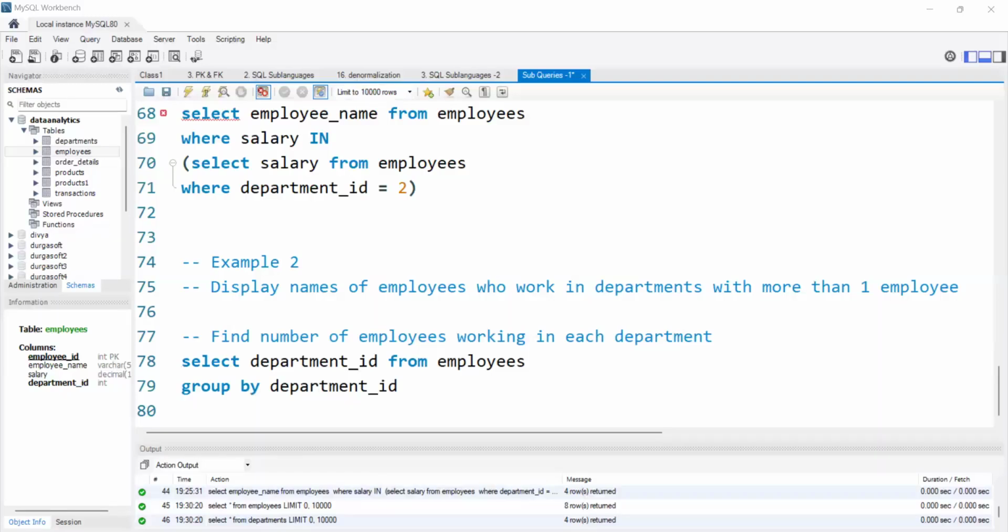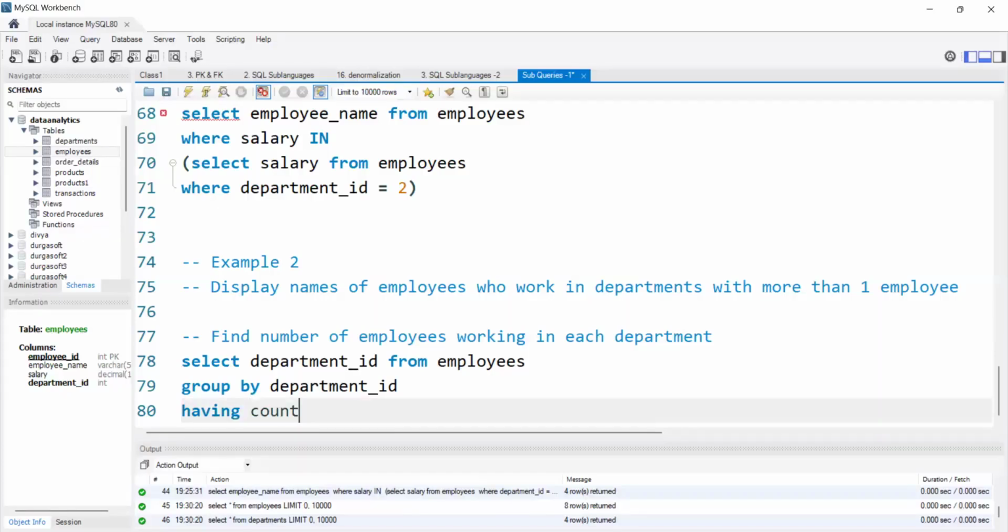But again, as we are using group by, we need to use the having condition here, correct? We are not supposed to use where. As we are using group by, we can only filter the group by data by using the having clause, which we already saw. Again, as we are counting everything, as we are trying to find the number of employees, I will use the count function here.